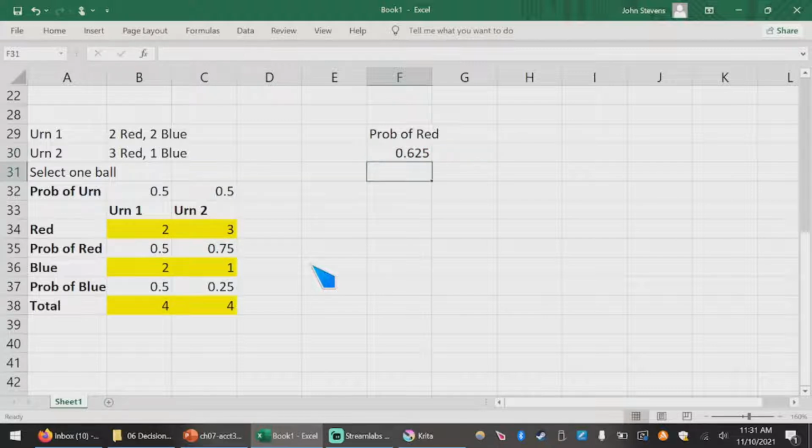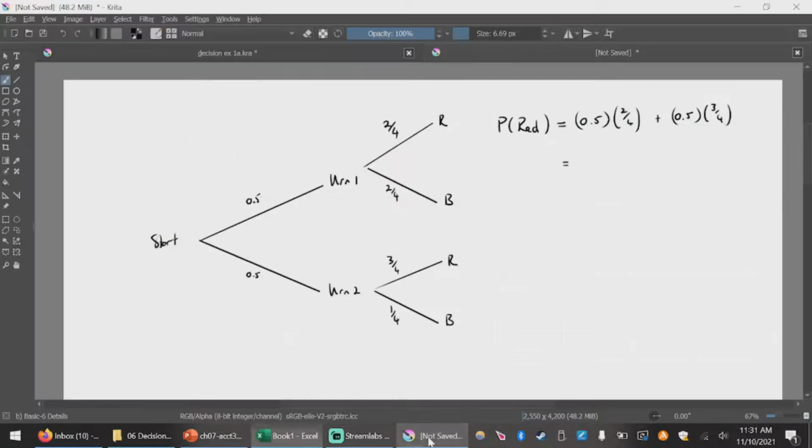Why? Because I'm using Excel as a calculator. The reason is the tree. What did we get? 0.625.